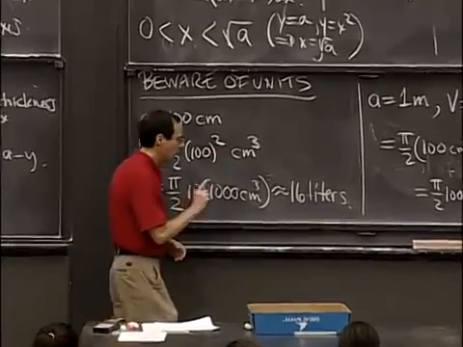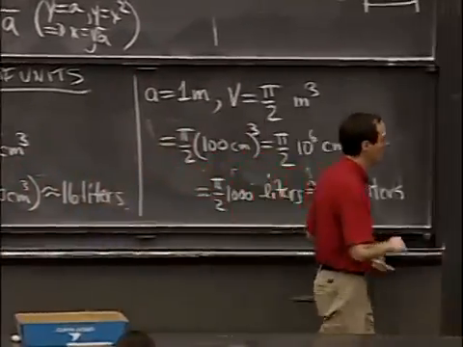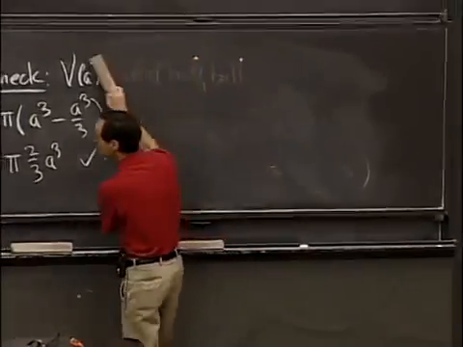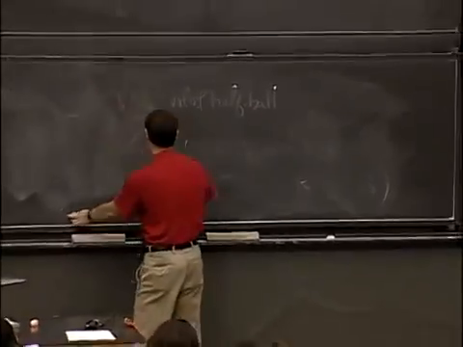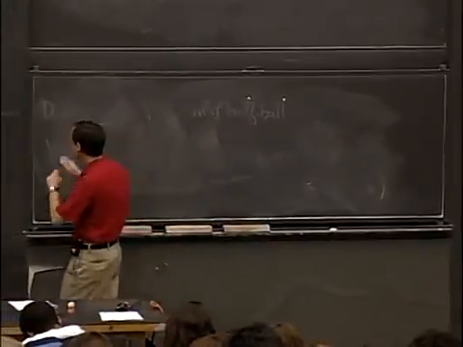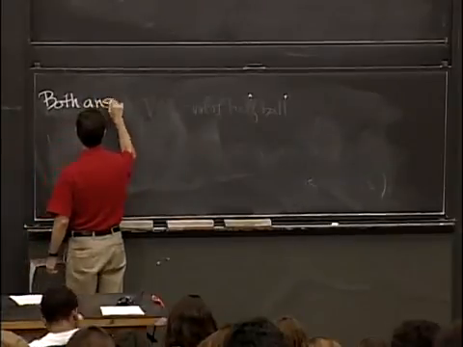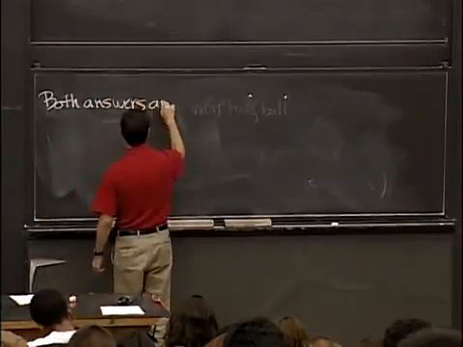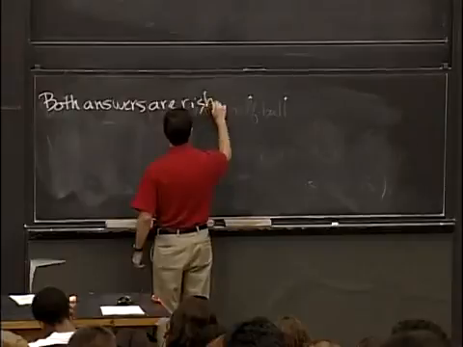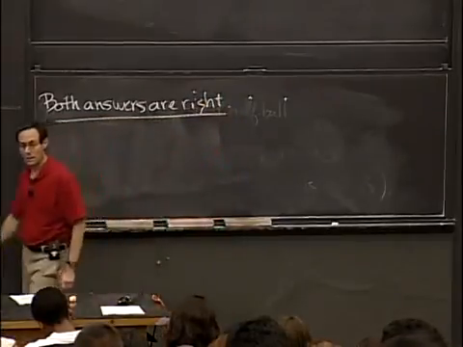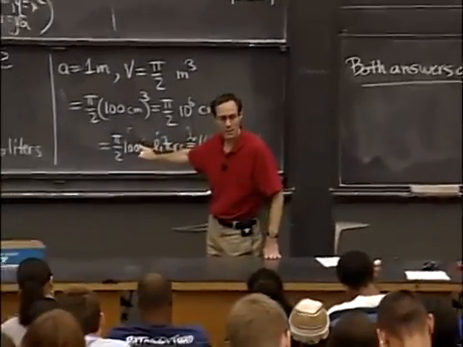All right? So now I'm going to explain to you the answer, because this is really quite puzzling, but it has a resolution. The answer to this question is that both answers are correct. All right? This is correct reasoning in both cases.